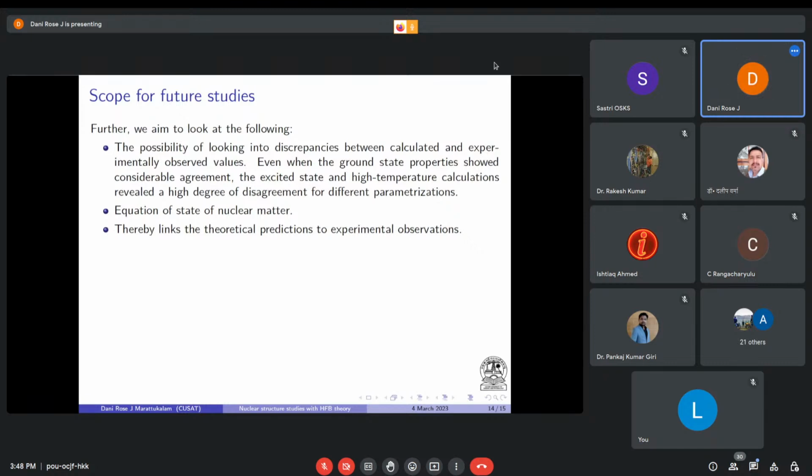Further, we plan to study the equation of state of nuclear matter and its relation to the equation of state of the neutron star, and thereby link our theoretical predictions to experimental observations, as there are many experimental observations going on in these nuclei, especially like the discovery of bubble nuclei and other shapes.